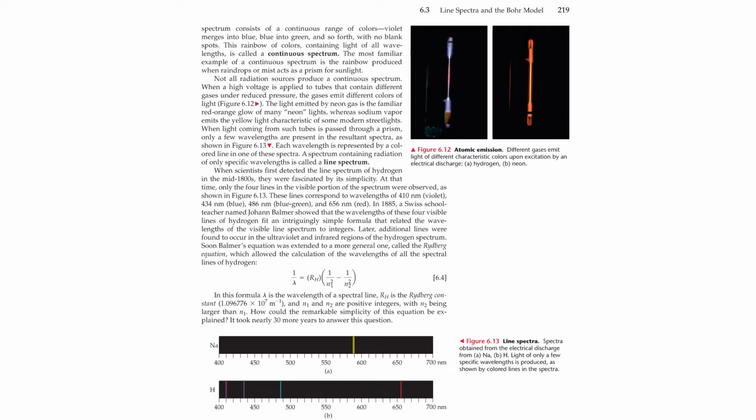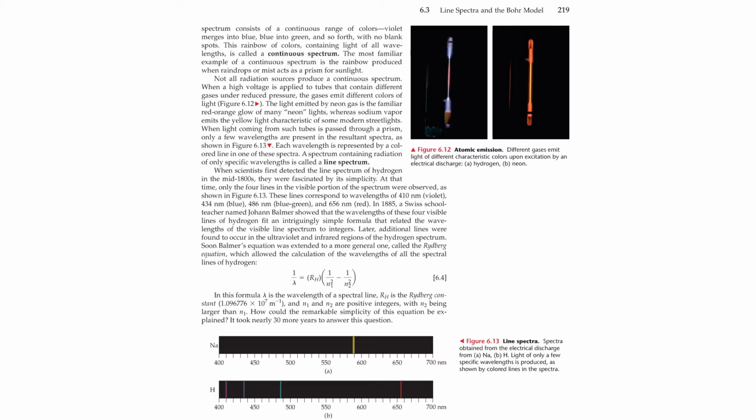In this formula, lambda is the wavelength of a spectral line, R sub H is the Rydberg constant, which is a number, and n1 and n2 are positive integers, with n2 being larger than n1. How could the remarkable simplicity of this equation be explained? It took nearly 30 years to answer this question.